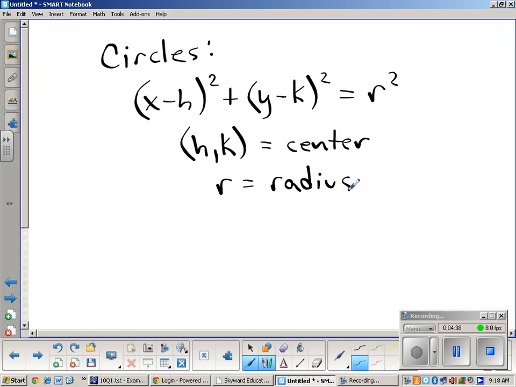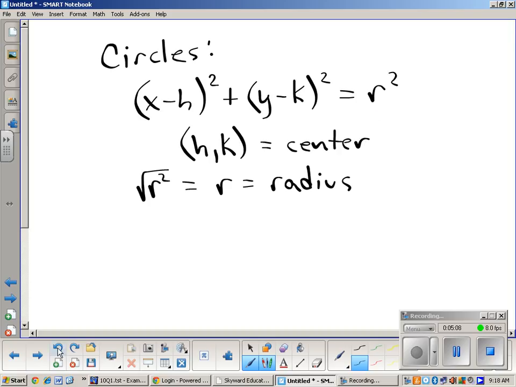Okay? I sometimes feel writing r is equal to the radius is not strong enough. Like I should be saying the square root of r squared is equal to r, which is equal to the radius. Because too often we see that number out on the end and we say, oh, that's my radius. But it's not really. It's really my radius being squared. So if I need to know the radius, then I have to square root whatever this number is. Okay?